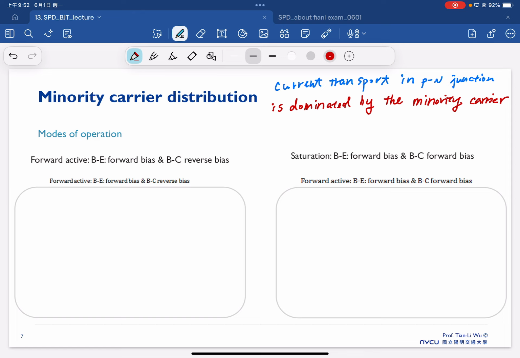So if we try to analyze the bipolar junction transistor, we also need to take the minority carriers into account. One of the critical things for analyzing the BJT is to understand the minority carrier distribution.